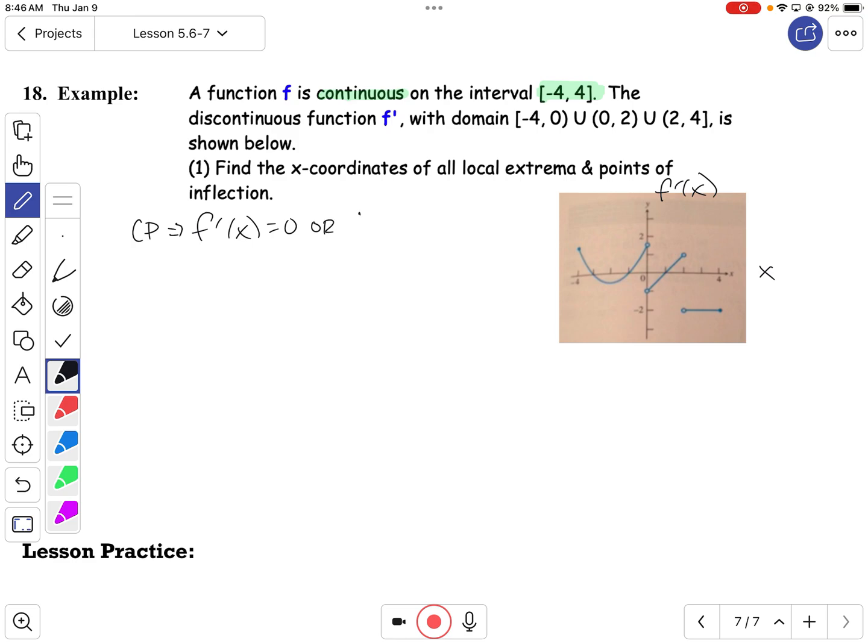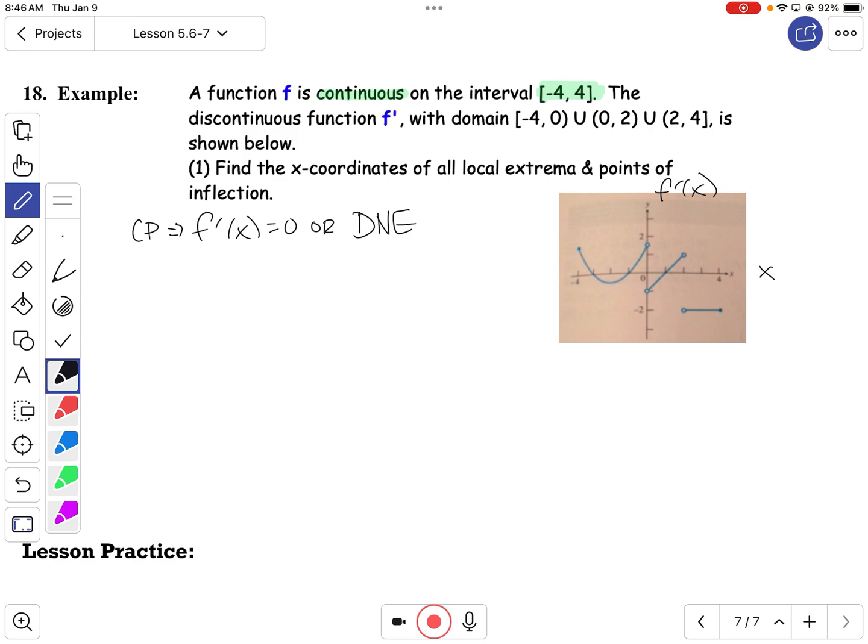It is a closed domain, so we're going to think about the endpoints. Yeah, where the first derivative does not exist. Okay, so we tend to forget that. So when we think about the critical points of this, we are going to start with the endpoints because it's a closed domain. Then we're going to talk about where this derivative is equal to 0 or where it is undefined.